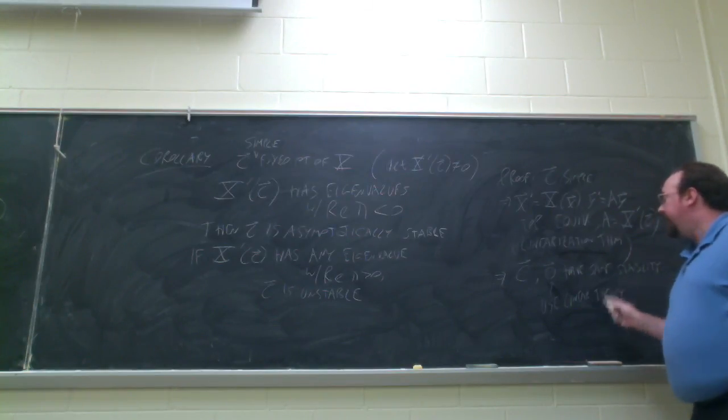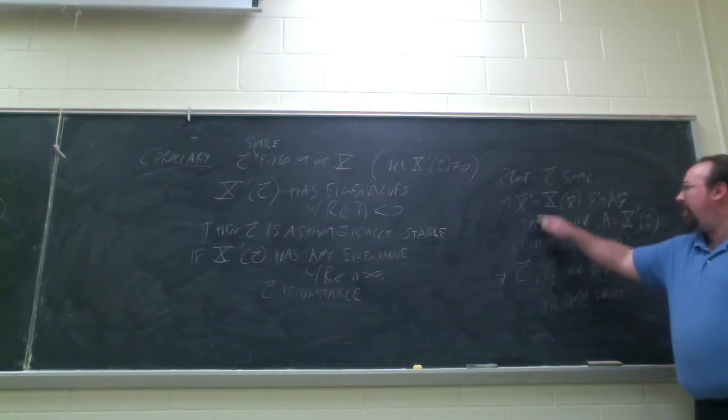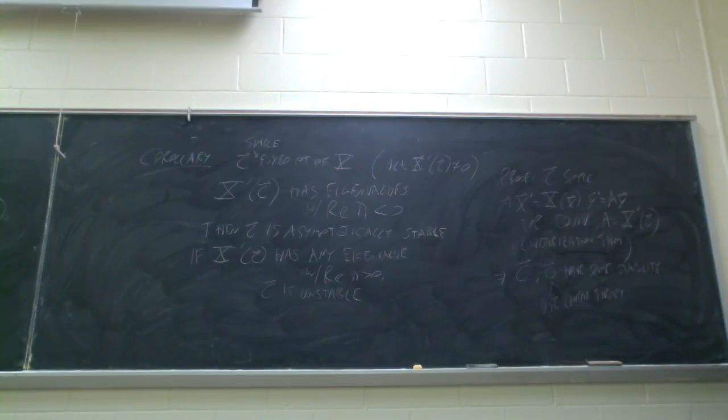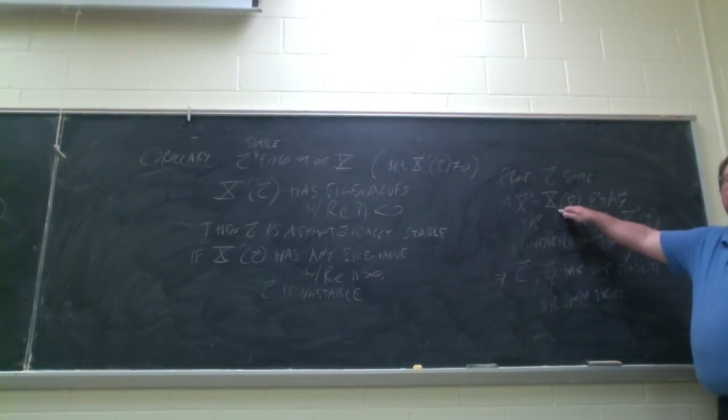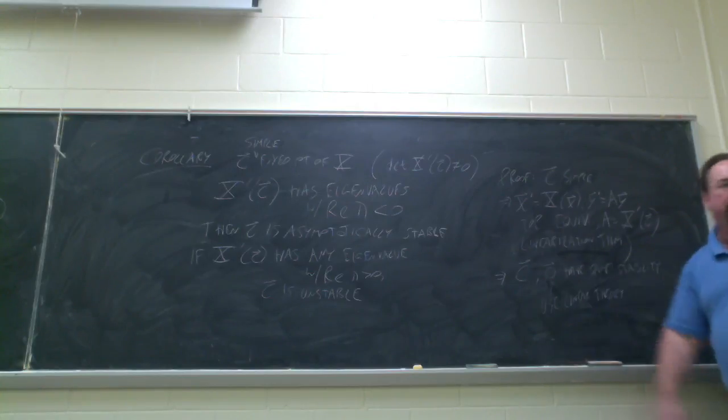If all the eigenvalues of this matrix have negative real parts, 0 is an asymptotically stable fixed point of this system. Therefore, C is an asymptotically stable fixed point of this system. And if one eigenvalue of this matrix has positive real part, 0 is unstable. Therefore, C is unstable. That only applies when C is simple, because otherwise you cannot make the leap from this system to this. You can still make the same conclusions about 0, but you cannot apply those conclusions to C.